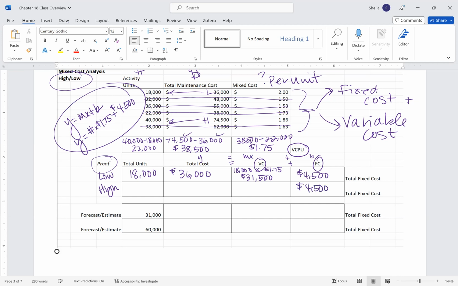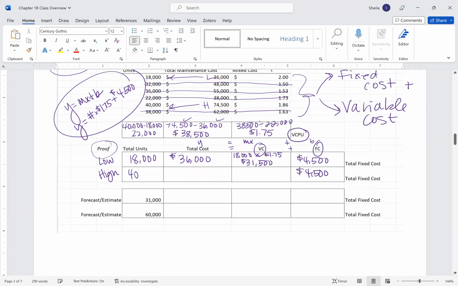I also know that at its highest point, my units were 40,000. My total cost was 74,500. Now at this point, I know my variable cost has to be my total cost minus my fixed cost, or 70,000. But let's proof that out. Is that right? Well, let's take my 40,000 units times the $1.75, and that gives me 70,000 of variable cost.